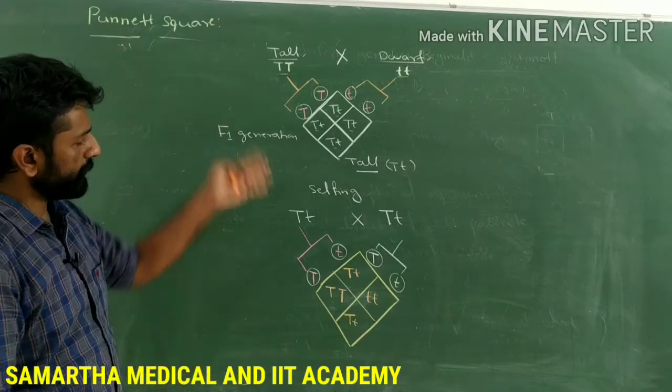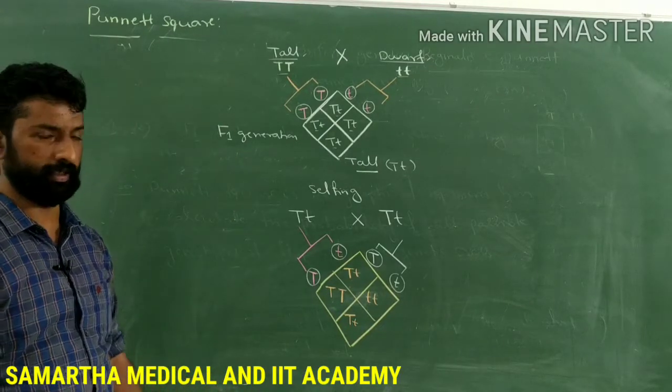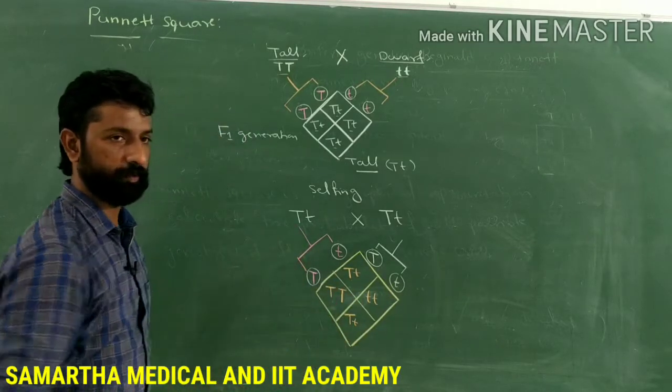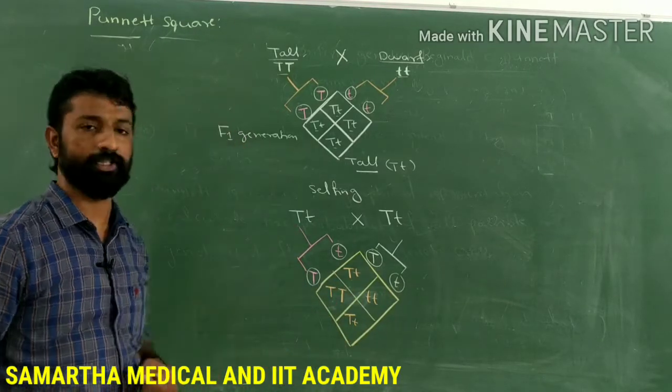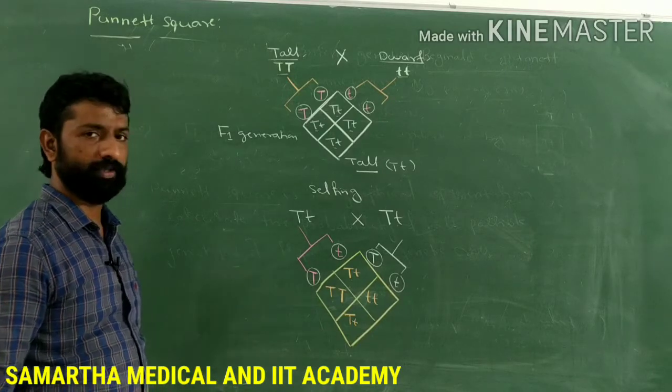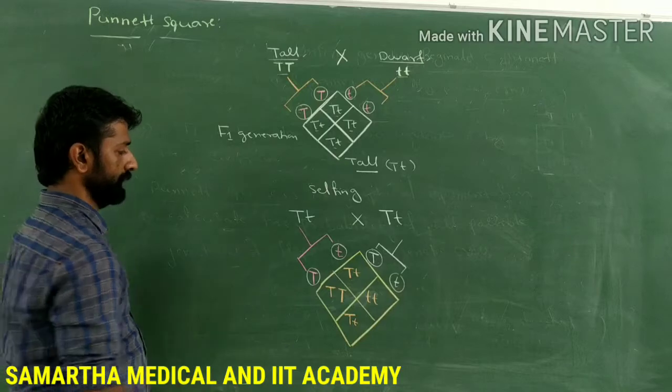So by this representation you can see what are the possible types of genotypes that can be produced in a genetic cross.